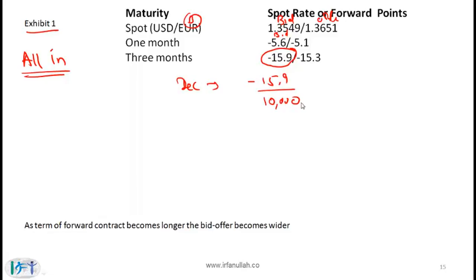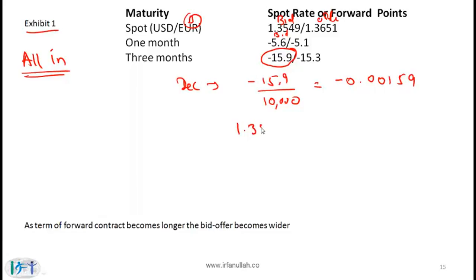Notice the 4 zeros here corresponding to the 4 decimal places. So in decimal terms, minus 15.9 points is equal to minus 0.00159.